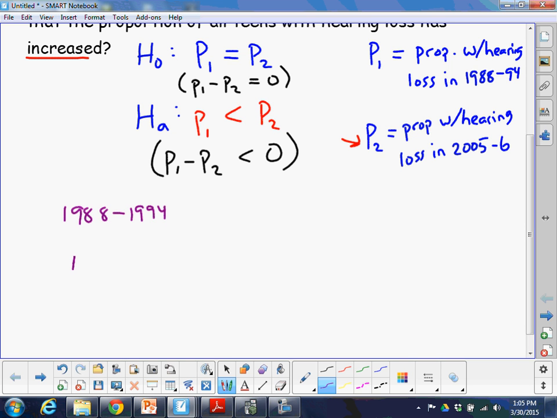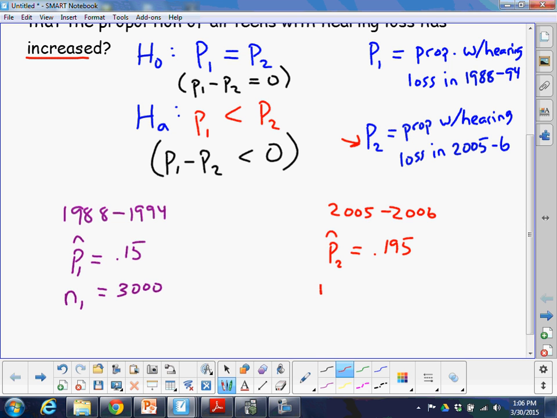So it had a p hat given to us of 15%. They gave us a sample size N1 of 3,000. Okay, while in the other year, in 2005-2006, which we are calling P2 basically, its sample proportion at that time was up to 19.5, 0.195, and its N, to give a subscript 2, was 1,800.